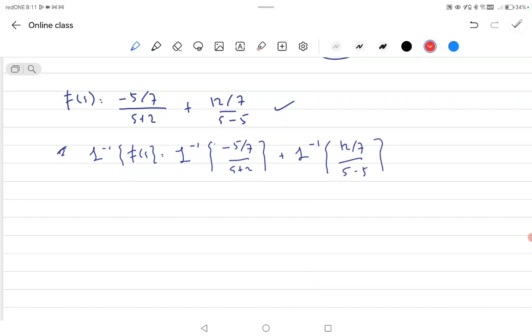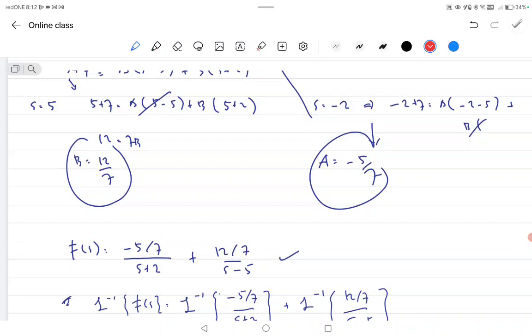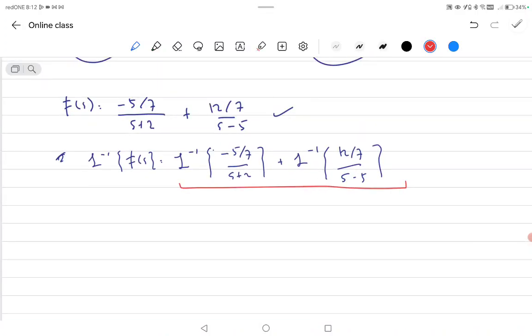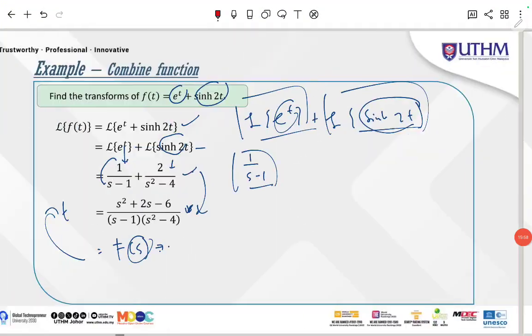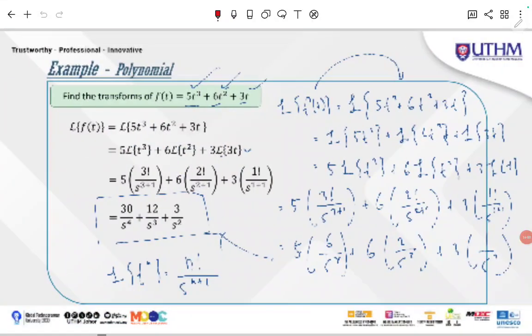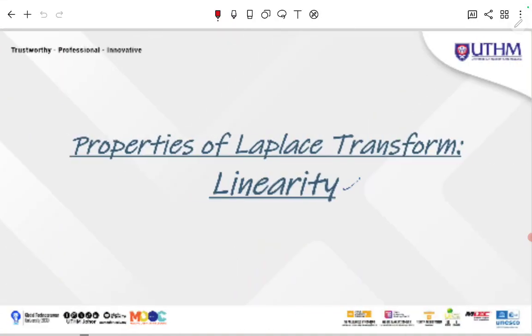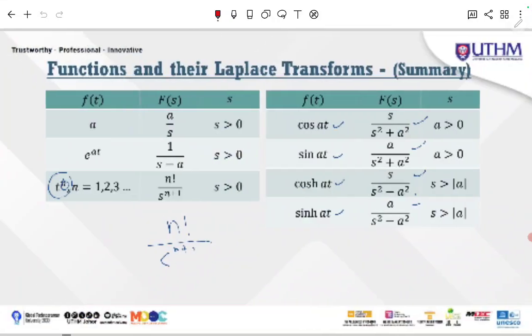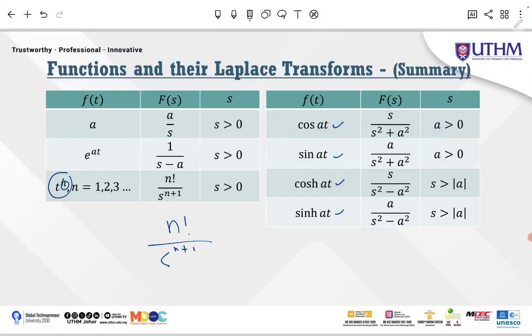When we have this kind of form, again we refer to the table. We are in this form, which is F(s), so we need to change from F(s) to f(t).